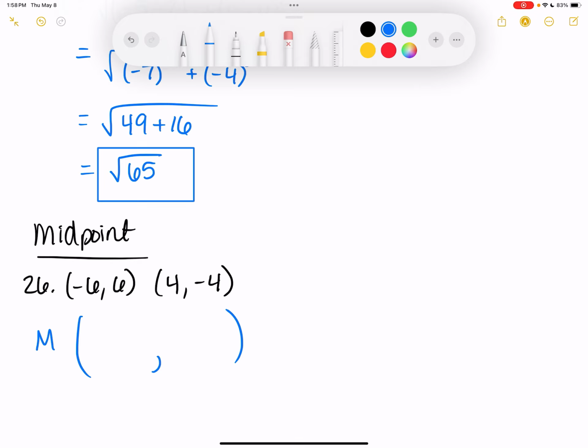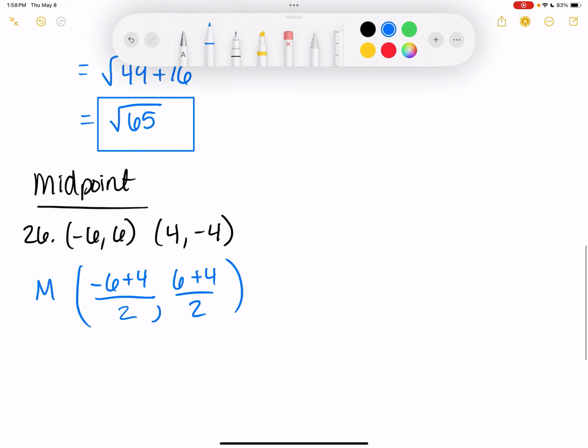So that means in this case, I would have -6 plus 4 over 2. It's always divided by 2 for the midpoint. And then on the other one, I would have 6 minus a -4, which would be what? 6? Yep, plus 4 divided by 2. So then my point, I would have -6 plus 4 is -2, so I got -2 over 2.